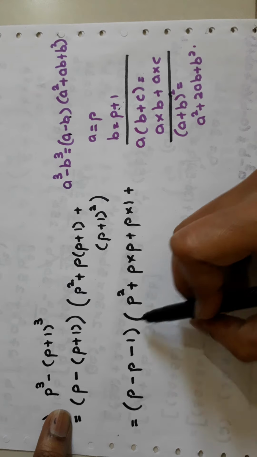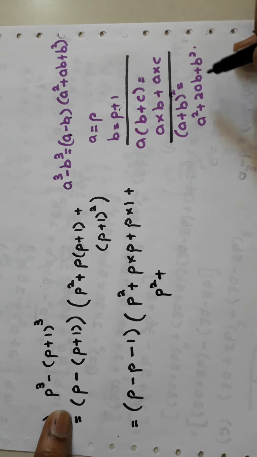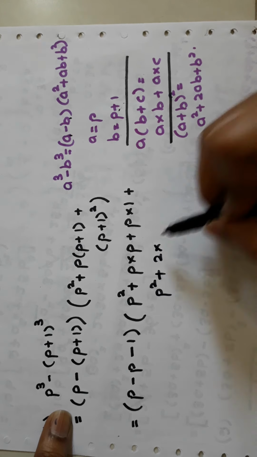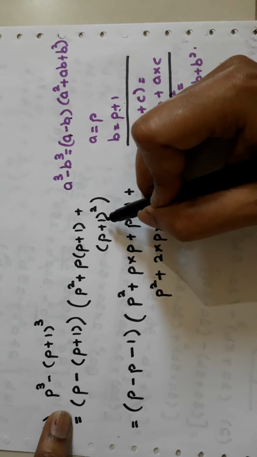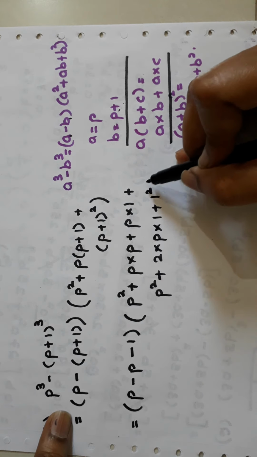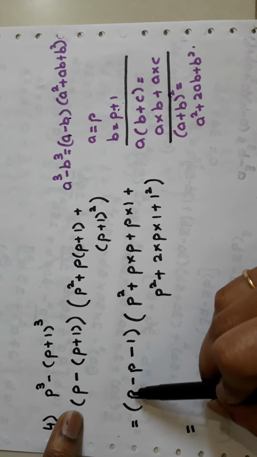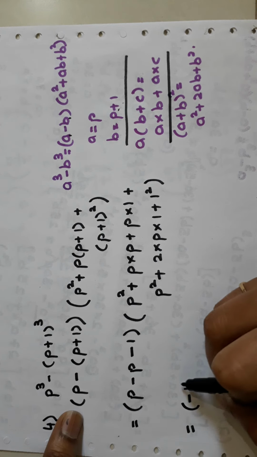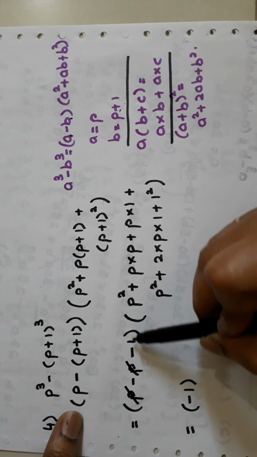So using this formula we get a square, that is p square, plus 2ab, 2 into p into 1, plus b square, 1 square. Round bracket complete. Like terms but with opposite sign, so they cancel out. Minus 1 is left.